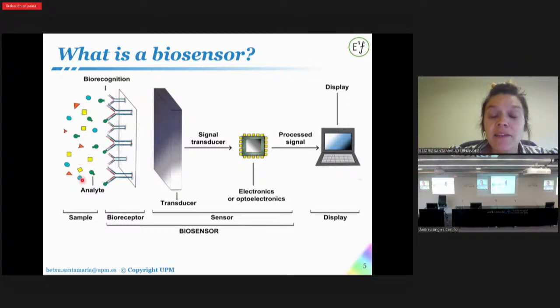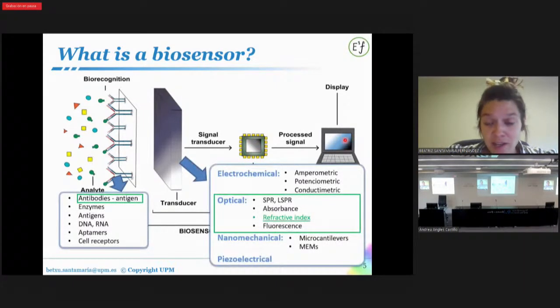This biological interaction that could be, for instance, between a protein and an antibody is transduced by a transducer, and this signal is collected by electronic or optoelectronic devices, processed, and then displayed, giving you results that can be understandable by anyone, not only by the scientist.